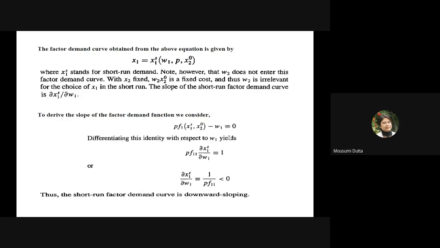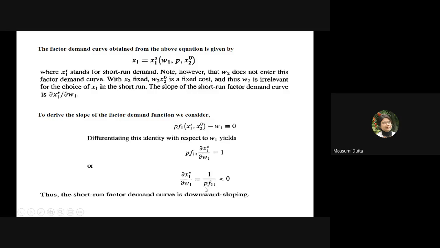So if we take the derivative of the derived first order condition with respect to W1, we are getting the expression for del x1s by del W1. So in the next step, I'm keeping del x1s by del W1 in the left hand side and the remaining factors in the right hand side. Now, the second order sufficient condition tells us F11 will be negative.